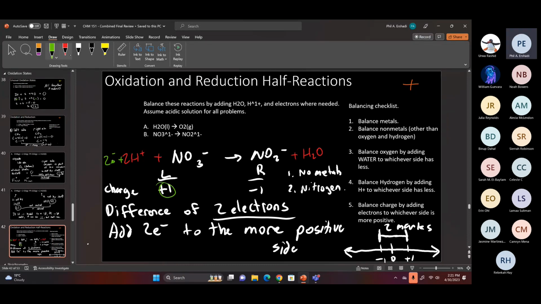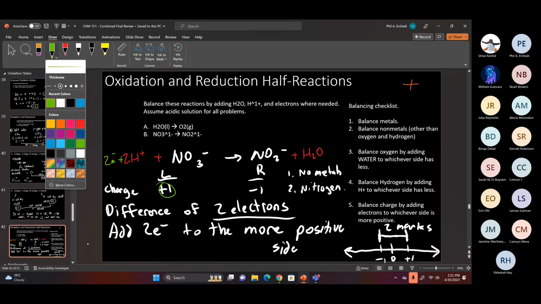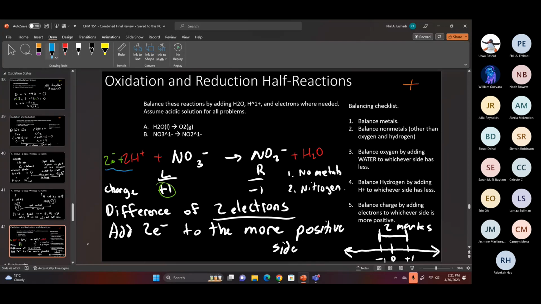And so our final answer is this equation here. For those of you who did balancing of half reactions, that's the order that you have to balance, because if you do that out of order, you're going to run into trouble. For those of you who didn't see it, you might see it again if you take any more chemistry.